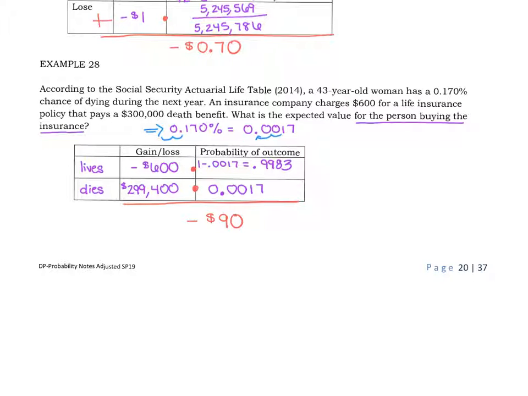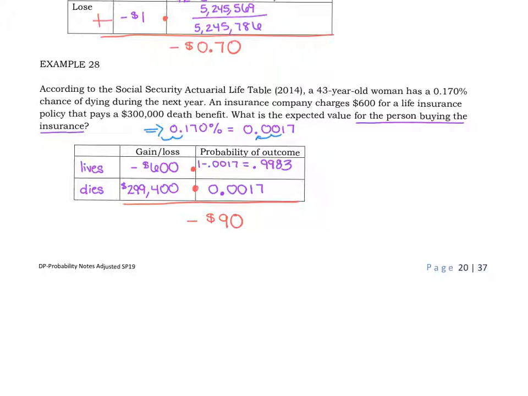Basically 1 is the probability of living and dying combined. We're finding the complement of that, so 0.9983. Multiplying the loss of $600 times the 0.9983, and then the gain of $299,400 times the 0.0017, we will find that on average, that 43-year-old woman buying this policy loses $90 a year on her policy.